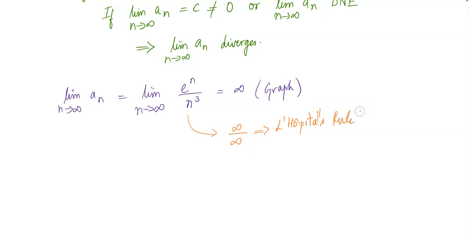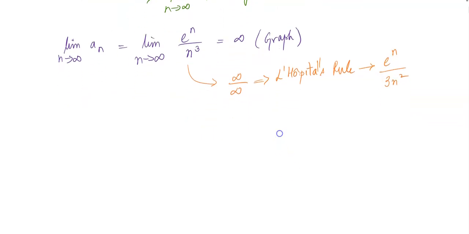L'Hopital's rule, for the first iteration, would give you e power n, the derivative of e power n is e power n itself, over 3n squared. When you apply the limit, that becomes infinity over infinity. And then you apply L'Hopital's rule again. The derivative of e power n is e power n, but 3n squared becomes 6n.